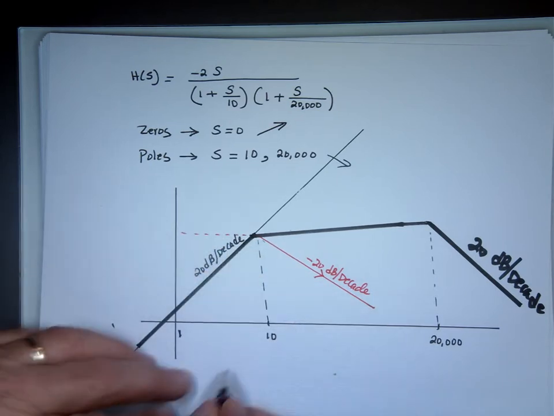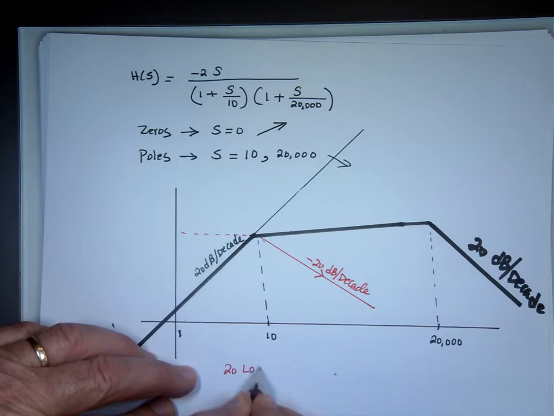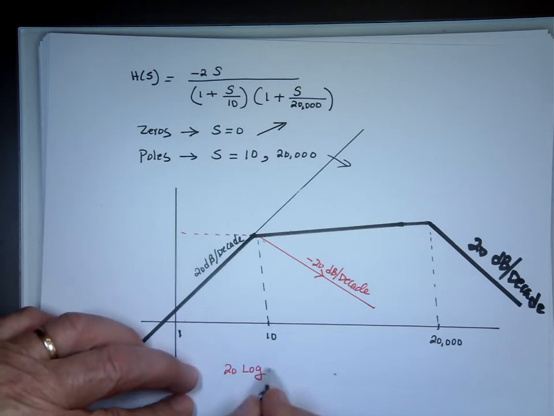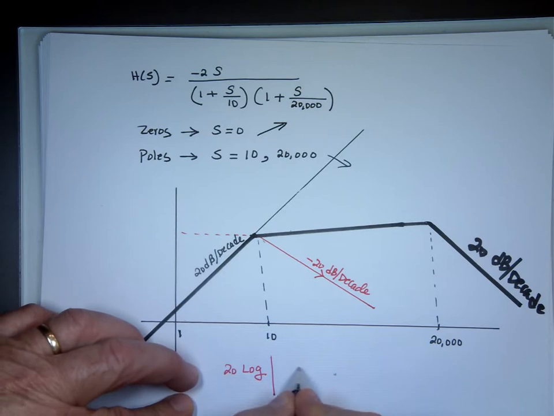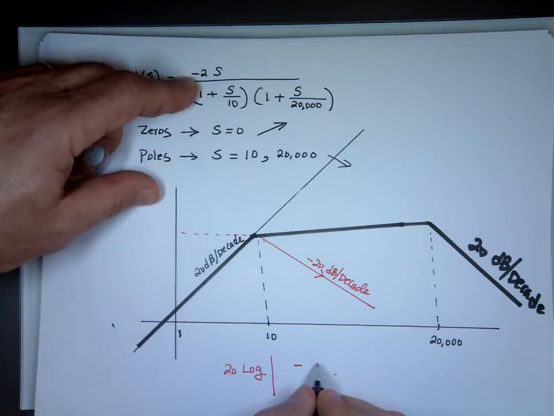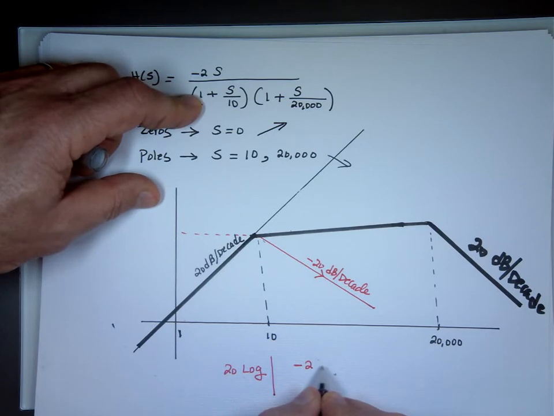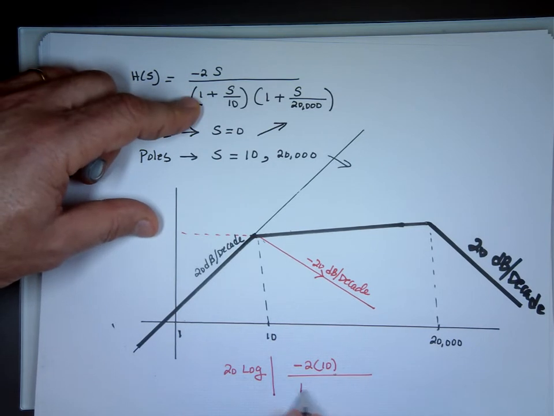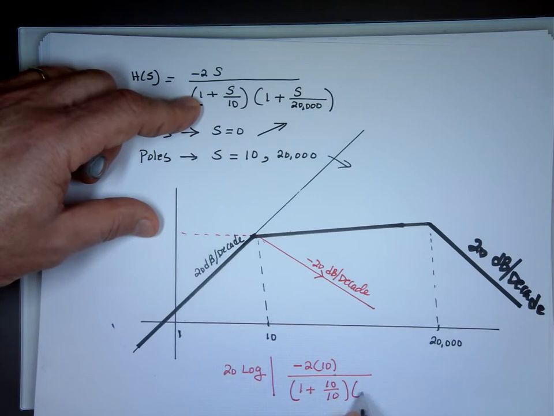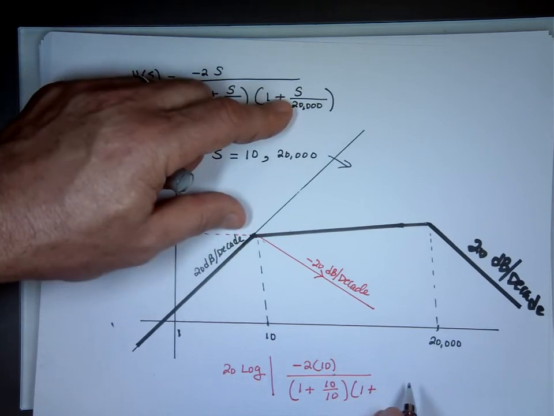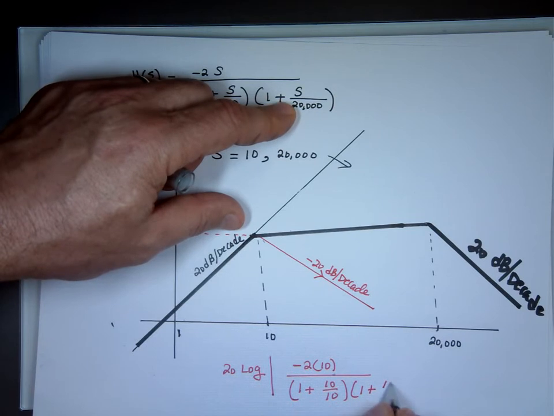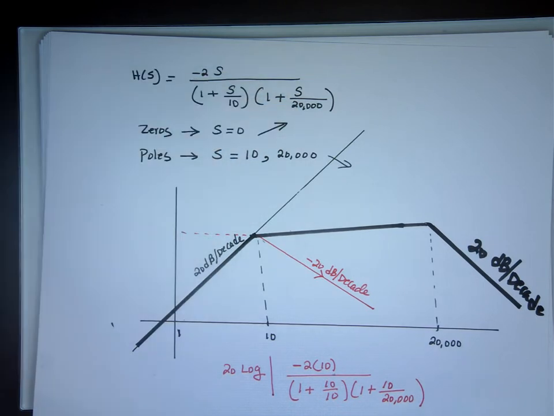This will be 20 log the absolute value of negative 2 times what? 10 over 1 plus 10 over 10, 1 plus 10 over 20,000.